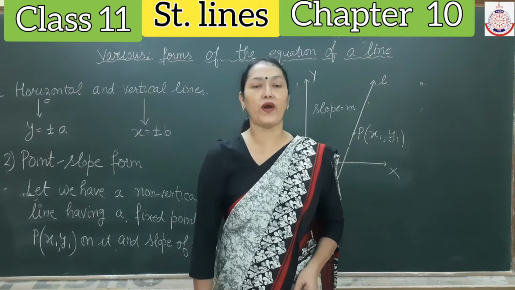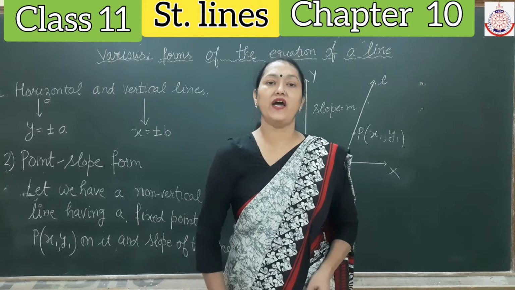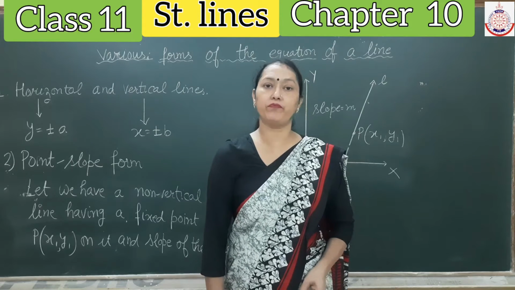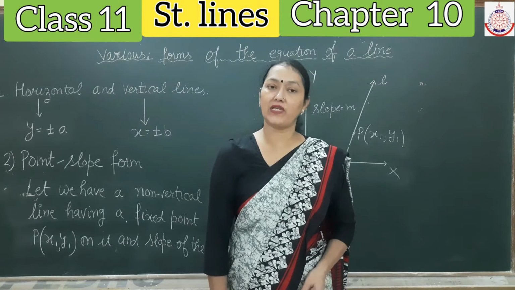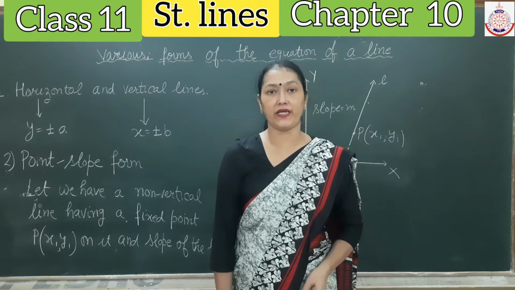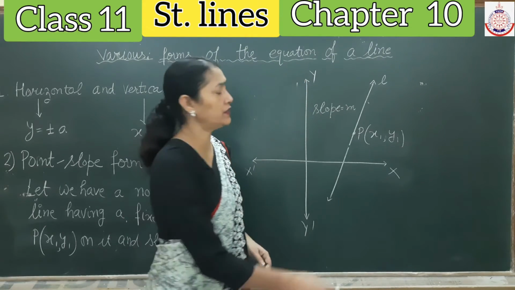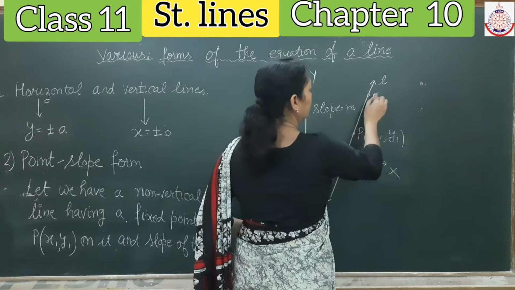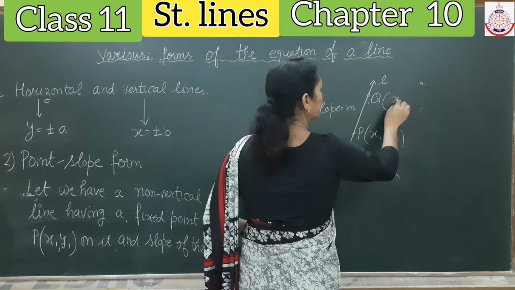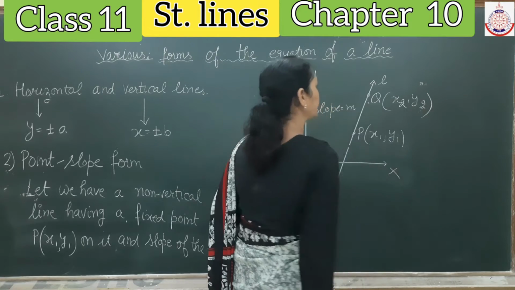Second one is point slope form. Suppose we have been given a line L having a fixed point P on it, and the slope of the line is also given. In this case, if we have to form the equation of the line, let us take one more point Q on it, having coordinates x2 and y2.